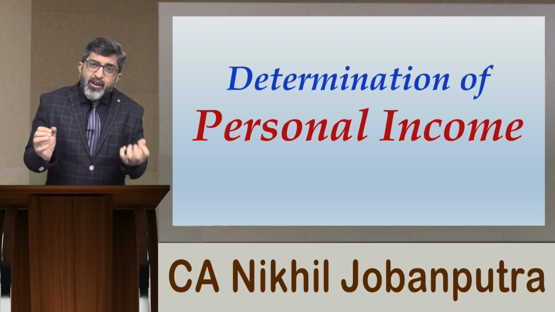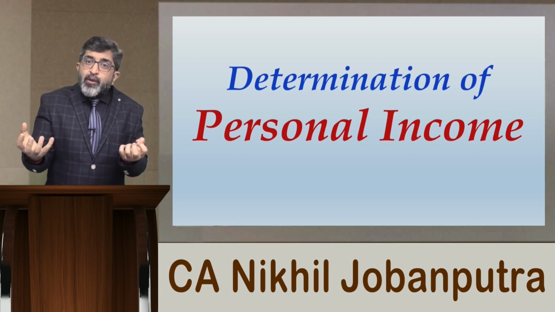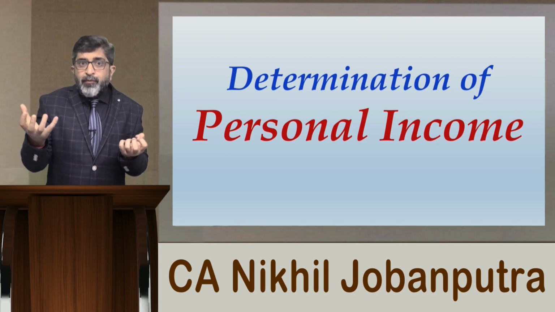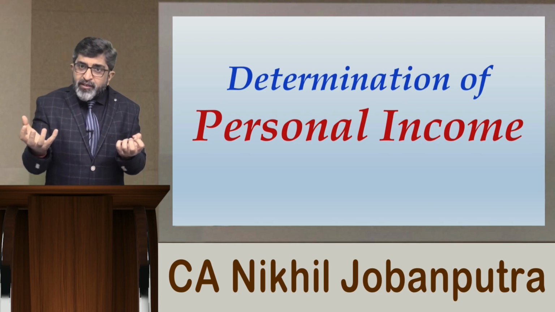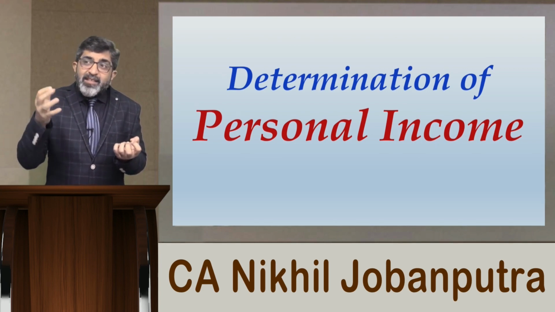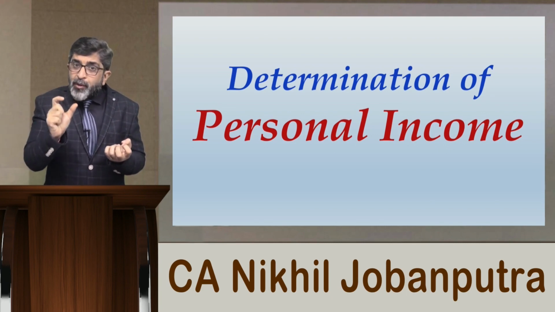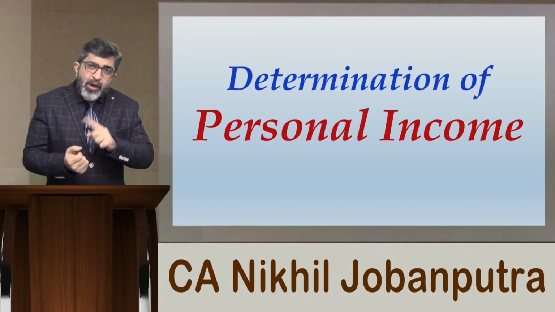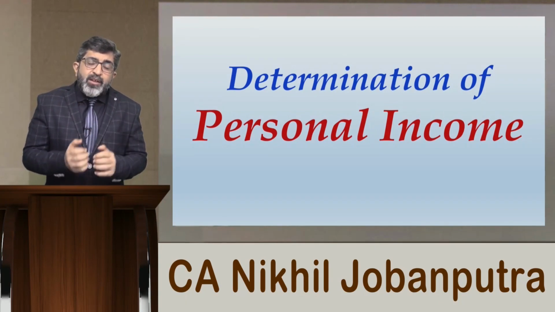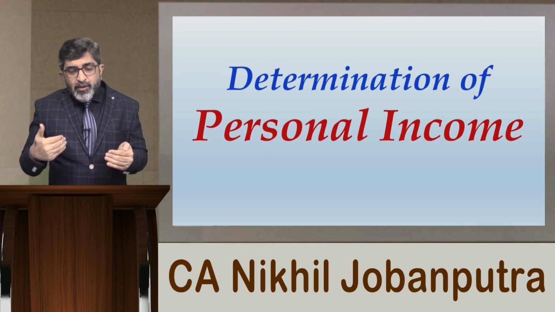So retained earnings of companies are basically the part of the profit which is earned by the company for all the shareholders that belongs to the household sector, but that money is never coming in their hand. So when you are computing the personal income of the household, you are not supposed to consider that component of income. So it is income earned but not received.